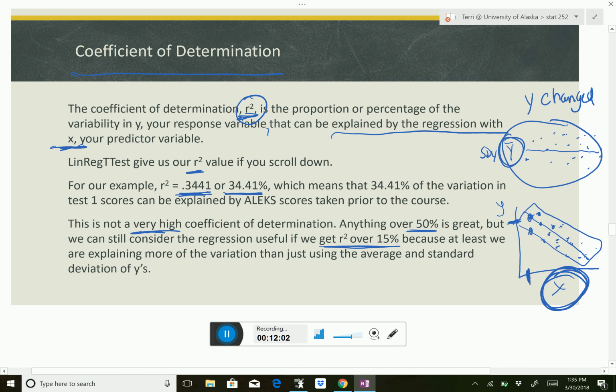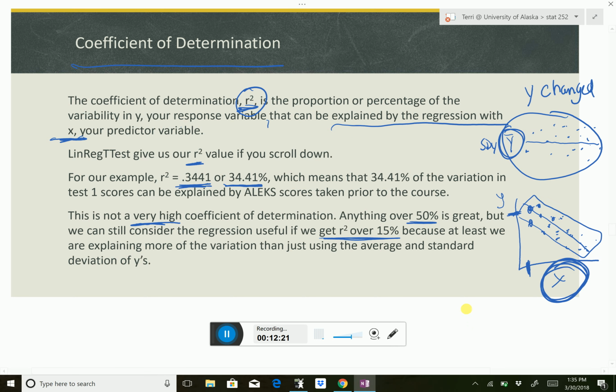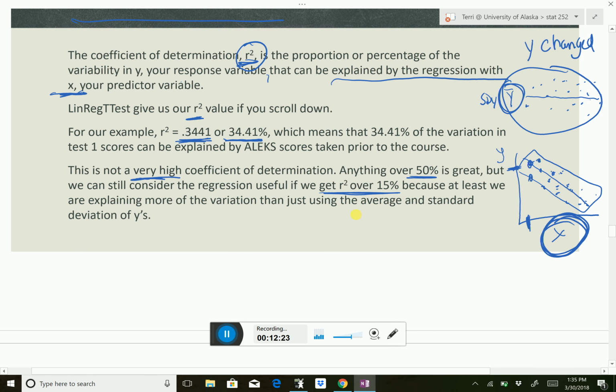I know that doesn't sound like a lot, but 15% of our variability getting explained is some of it. We're explaining some of our variability. And in this case, we're explaining a little over a third of our variability. So that's something with the regression. And that's over just using a Y bar and a standard deviation of Y. We're explaining some of it.